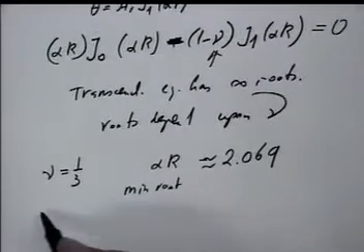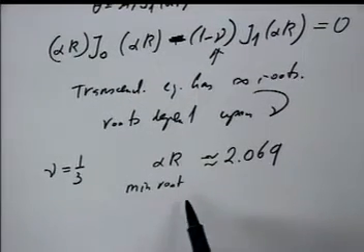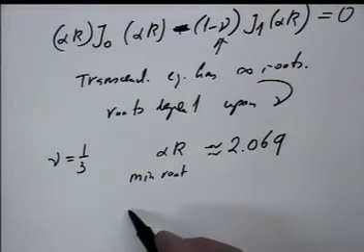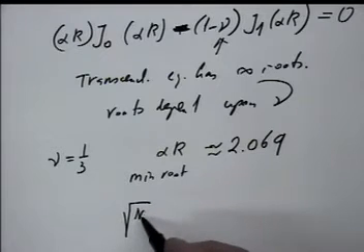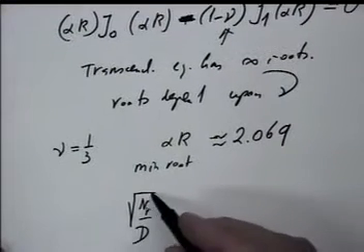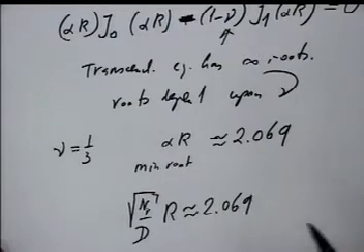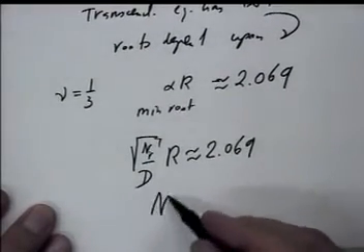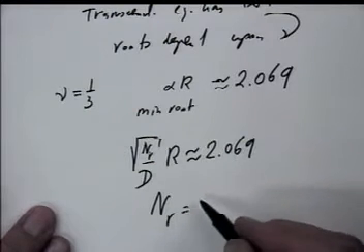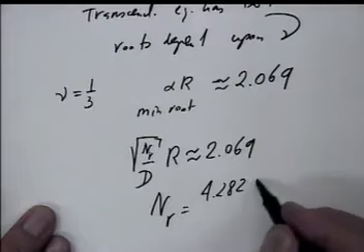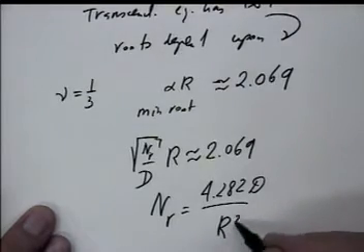We substitute this, and from here we get what alpha is. Alpha was square root of NR over D. Alpha R equals 2.069. From here we get NR, which equals 2.069 squared, which is 4.282 D over R squared.